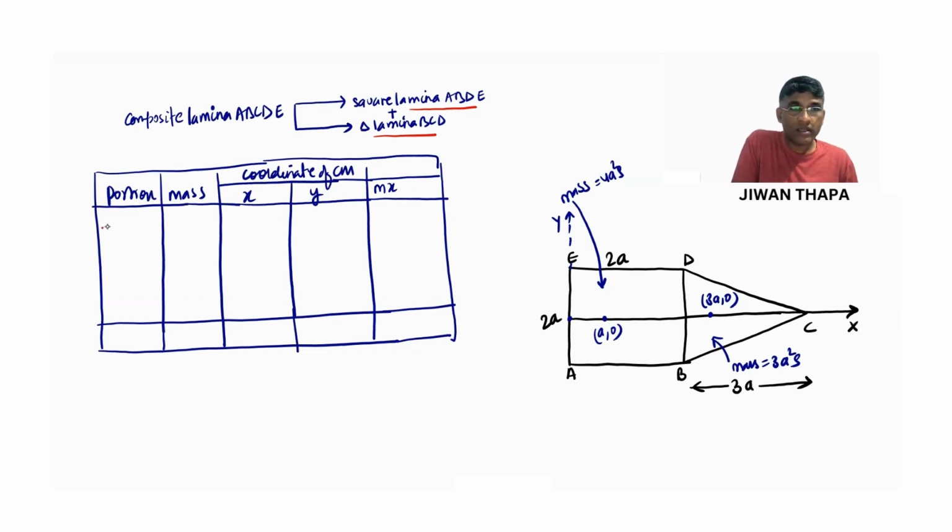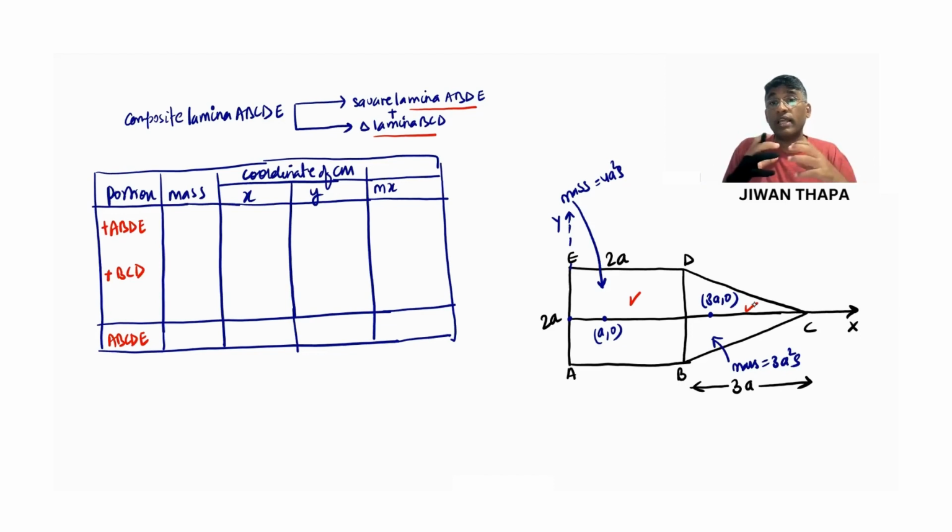So I'm writing it this way. I'm using the plus sign to indicate that we need to add portion A, B, D, E to portion B, C, D to get the composite lamina A, B, C, D, E. We are using the plus sign just to make clear that we need to add these two portions.